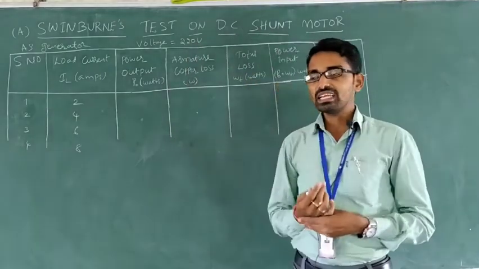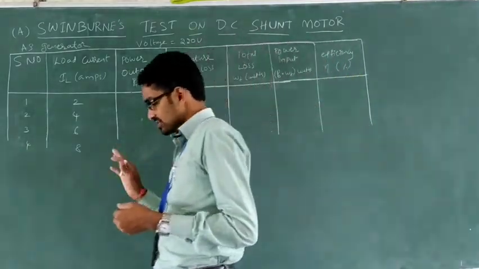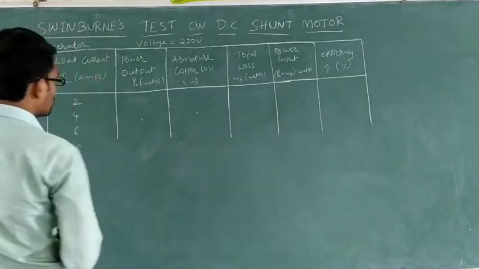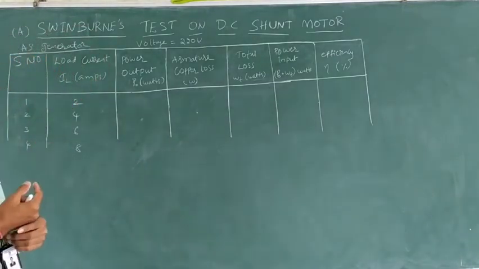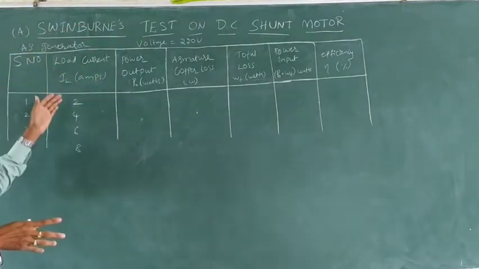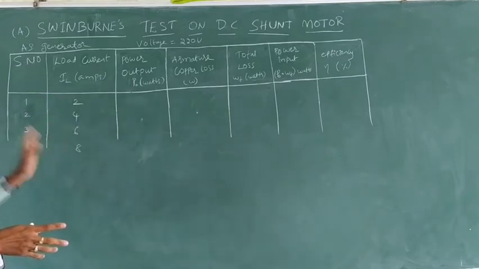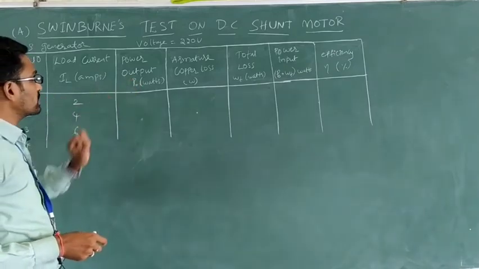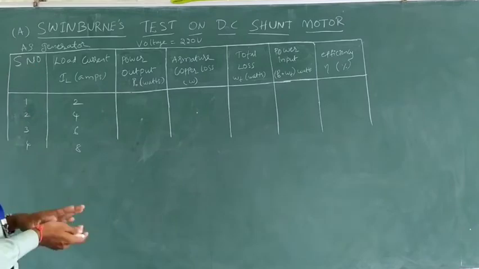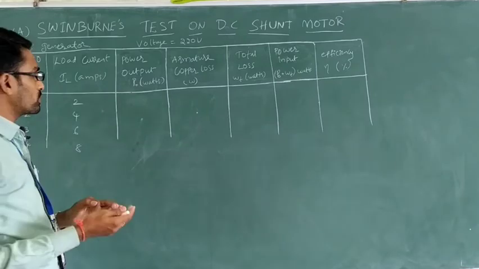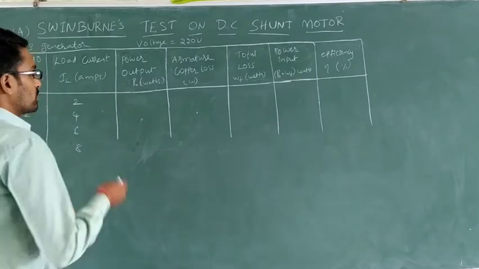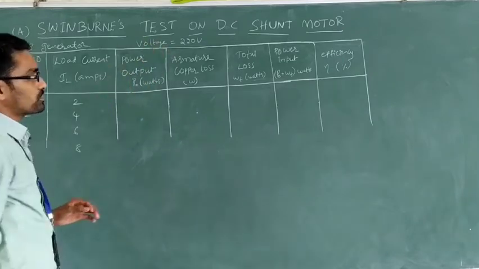To predetermine the efficiency, we assume the load current as 2, 4, 6, 8, and then we calculate the power output, that is, how much power is going to be generated. Let us consider it is generating a voltage of 220 volts.